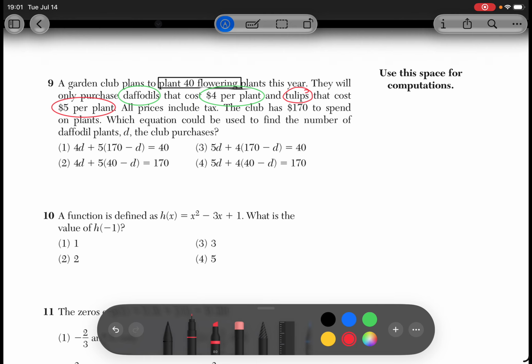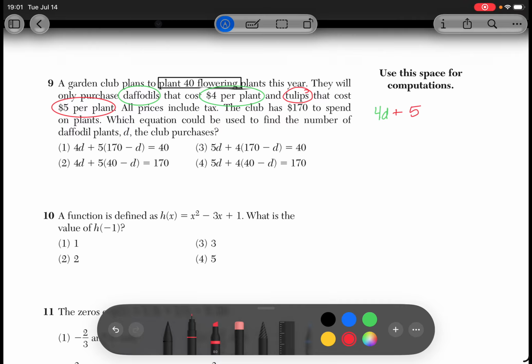So over on the side, so far we know we have daffodils that cost $4 per plant, and D is the value of daffodils. If we know it's $4 per, that means multiplication. So we're going to do 4 times D, and it usually tells us that we're adding. So we're going to add the price of the tulips, and that is going to be $5 per plant.